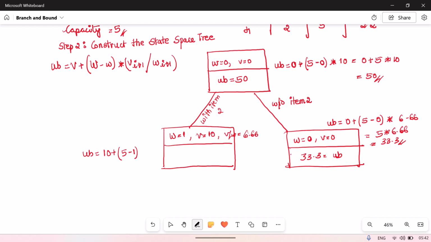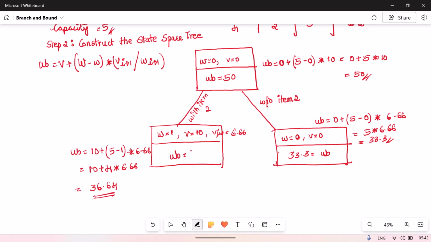Current item is having the weight 1 times 6.66. So this value is coming to 10 plus 4 times 6.66, which is coming to 36.64. So here the upper bound is coming to 36.64. Write neatly. So upper bound is coming to 36.64.